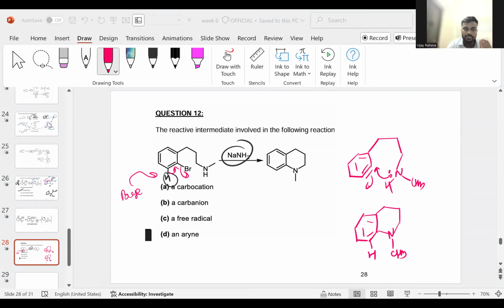So try to solve that question, which is basically based on some Grignard type of reactions. So let's say we have the Grignard.